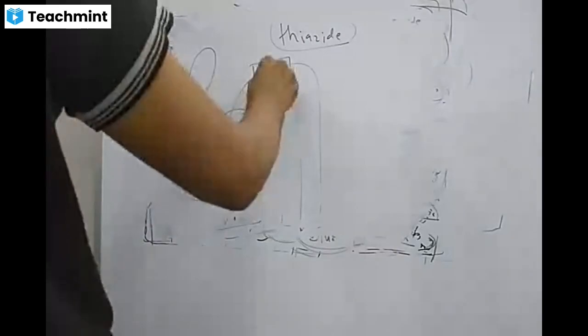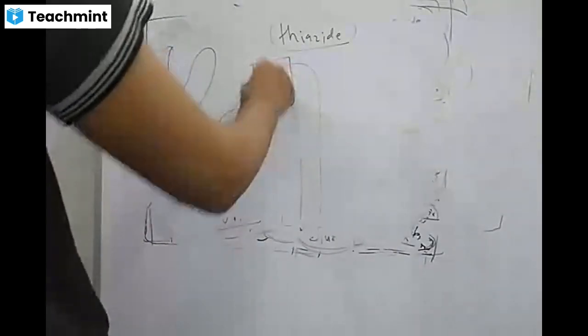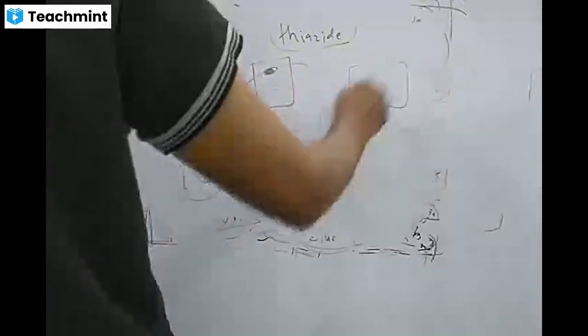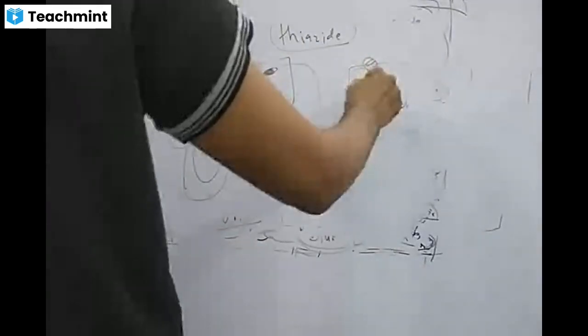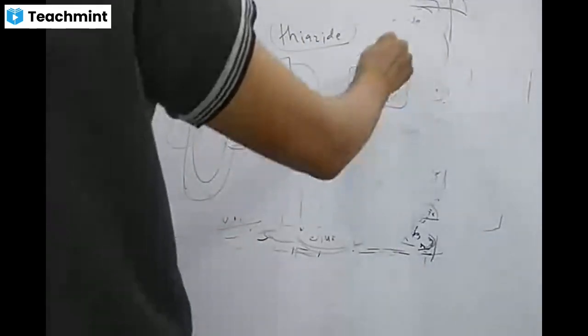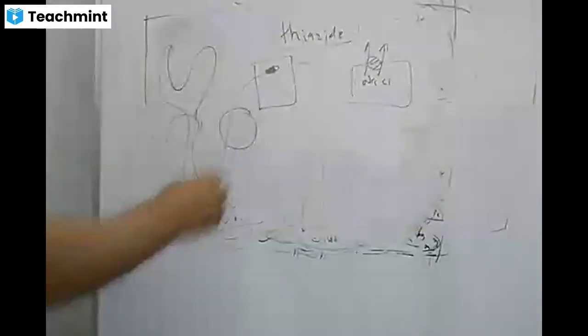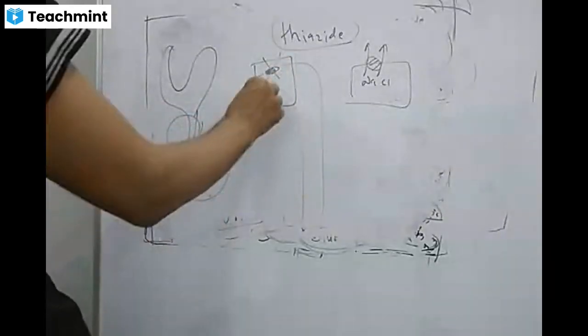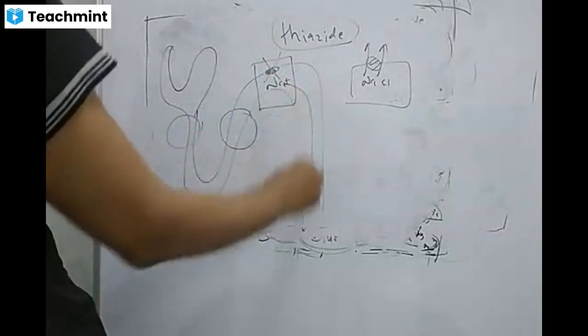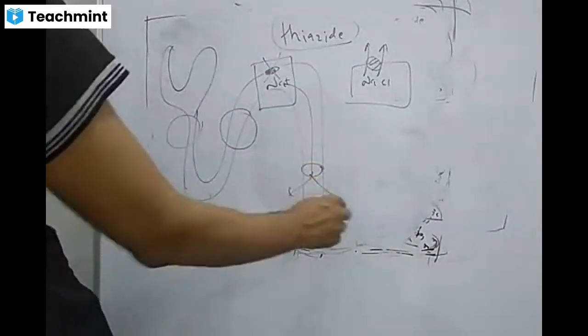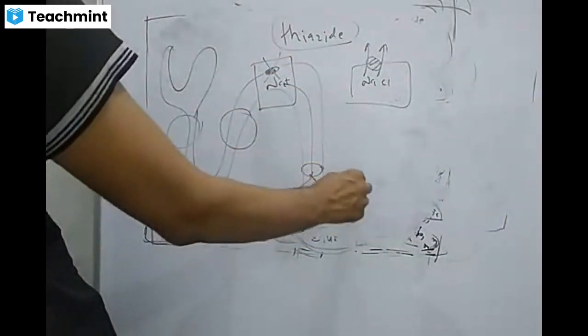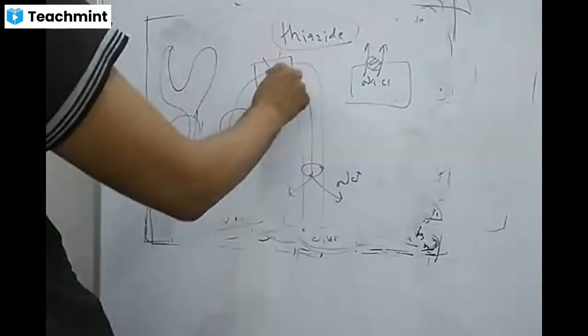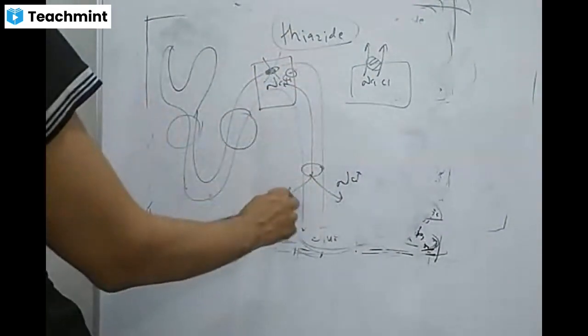There is one channel transporter known as the sodium chloride symporter. If you block this one, then sodium will be lost in the urine. Chloride will not be absorbed. It will also come out.